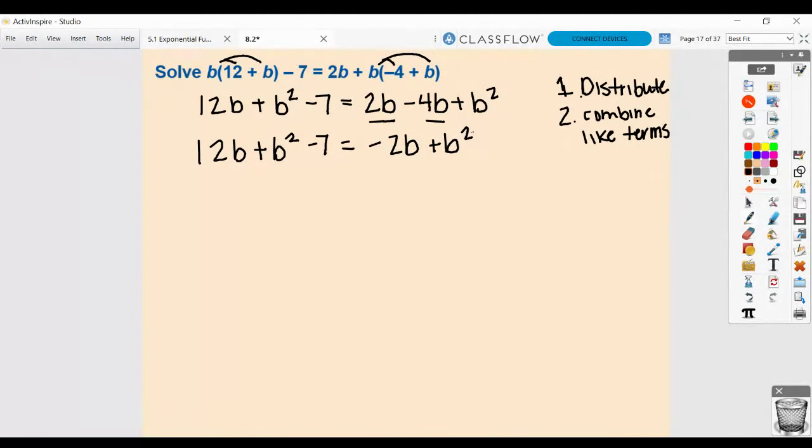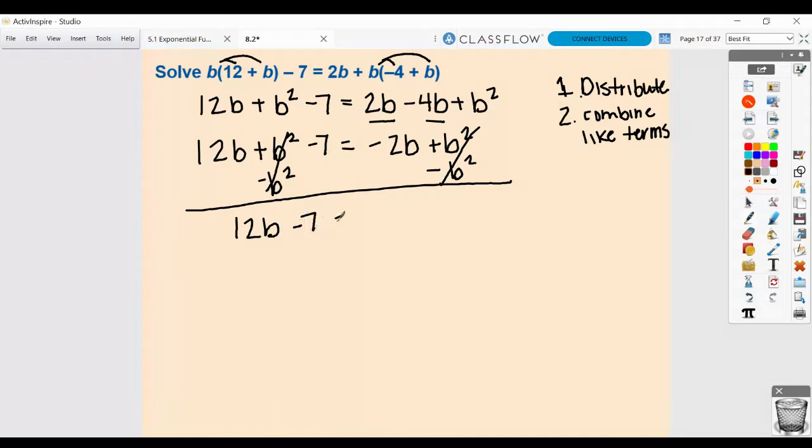Okay, now I need to get my variables on the same side of the equation. If I subtract b squared, what ends up happening with the b squareds is they cancel. So I have 12b minus 7 equals negative 2b. You have more terms over here, so we have to subtract the 12b.